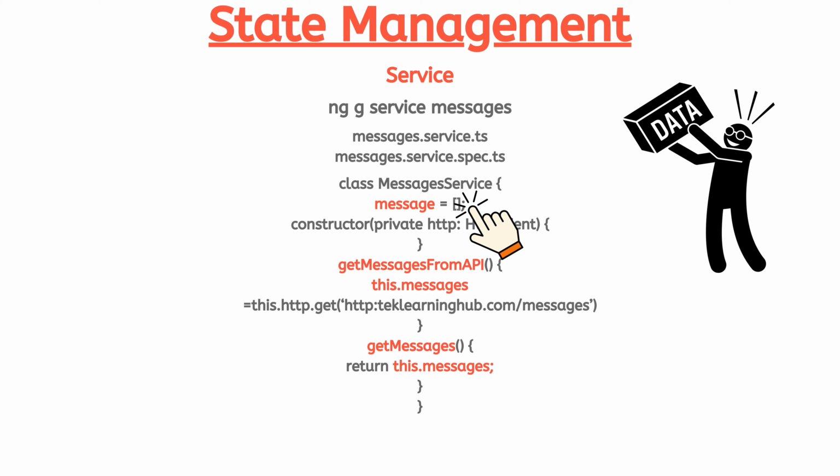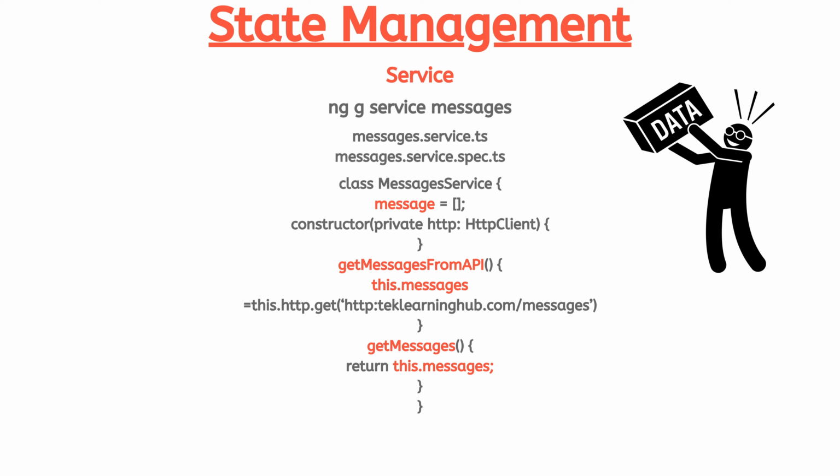From this service we can make the REST API call directly. That is the standard way to get the data. Suppose we see the getMessageFromAPI method, it is calling the external API, getting the messages, and assigning them to this.messages. When the component calls the getMessages method, it will return whatever messages came from the backend, and they are held in the service in the field this.messages.